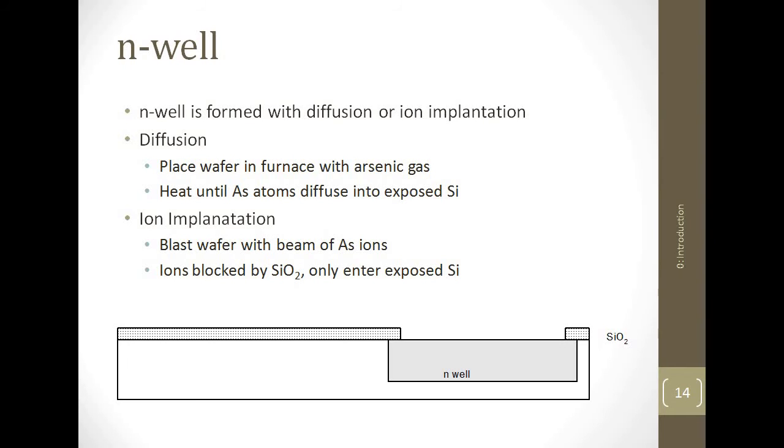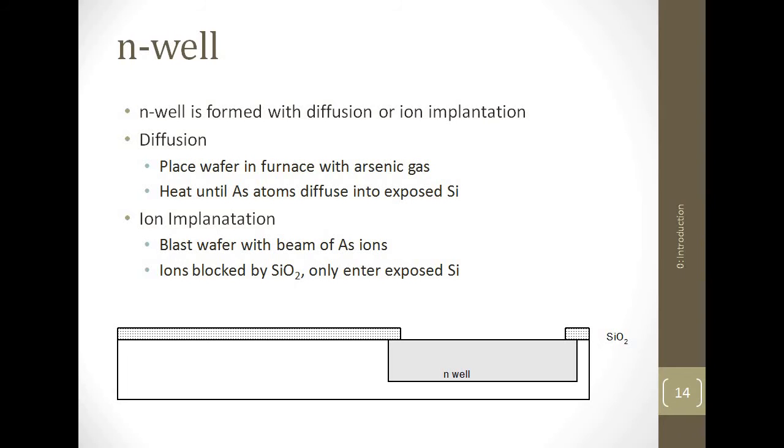So next is inserting the deep N-well. The N-well is formed with diffusion or ion implantation. Diffusion is nothing but placing the wafer in a furnace with arsenic gas. Heat until arsenic atoms diffuse into the exposed silicon.